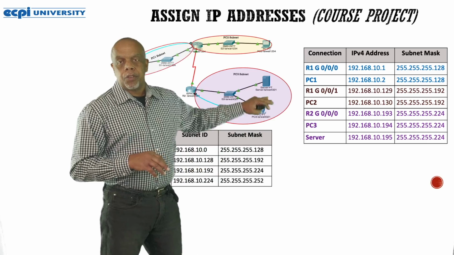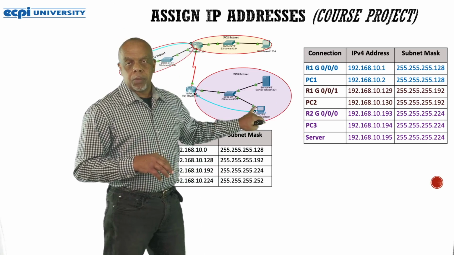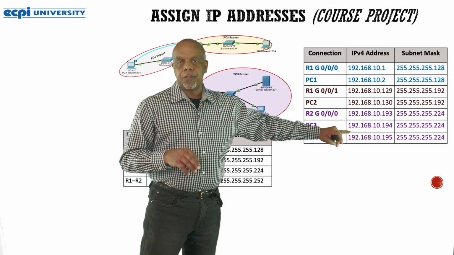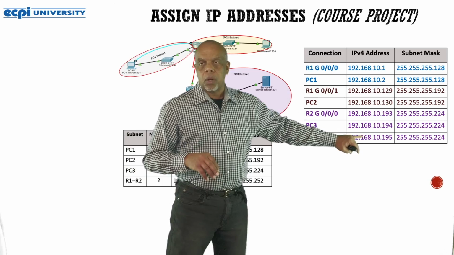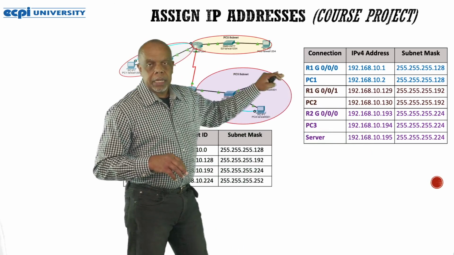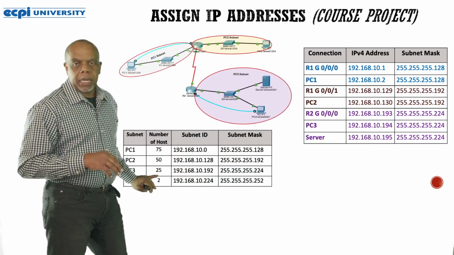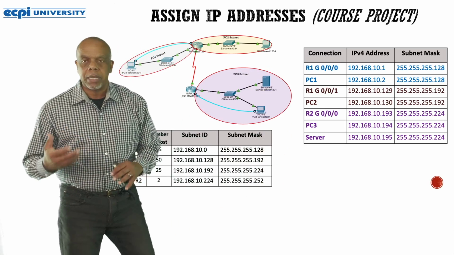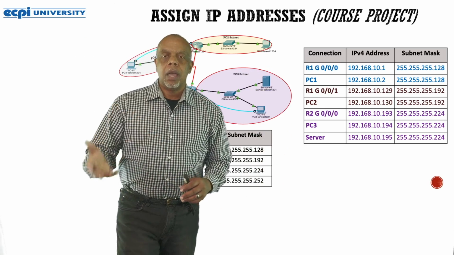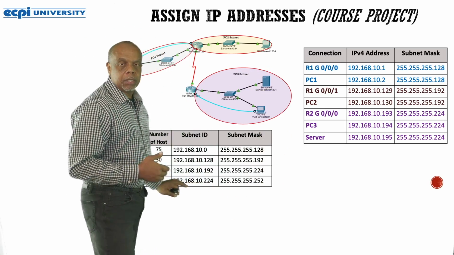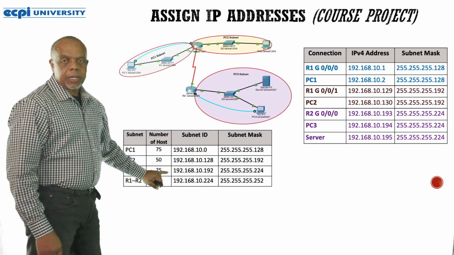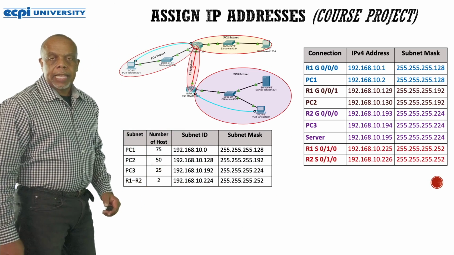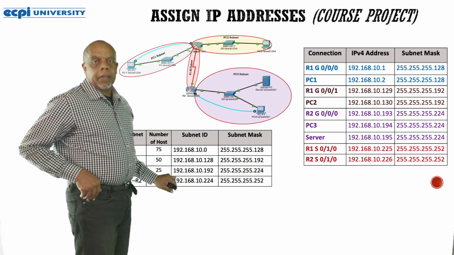Then every other device, like in this instance the PC, I would assign it 194. The server, I'd give it 195. And the rest of these 23 IP addresses continue down that line, 196, 197, 198, all the way up until you've assigned all 25. And then the last one would be that router.